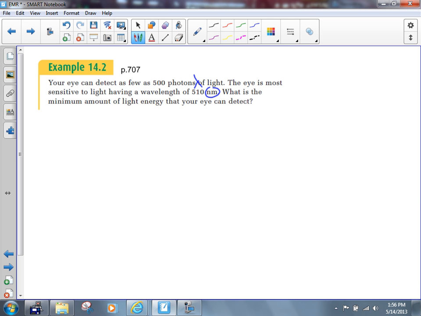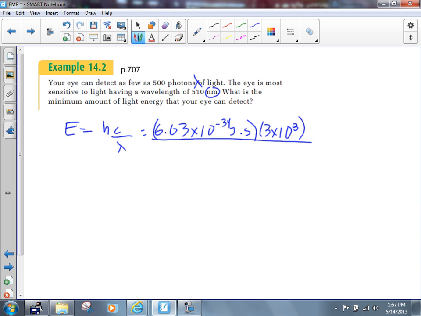Well, let's find the energy of a particular photon of light. This light that has a wavelength of 510 nanometers. E is equal to hc over lambda. Let's use 6.63 times 10 to the minus 34 joule seconds. It's going to put our final answer in joules as well. Multiply that by 3 times 10 to the 8, and let's divide that by 510 times 10 to the minus 9 meters.